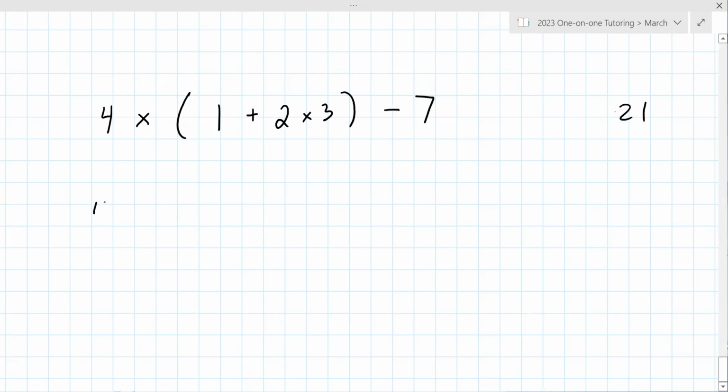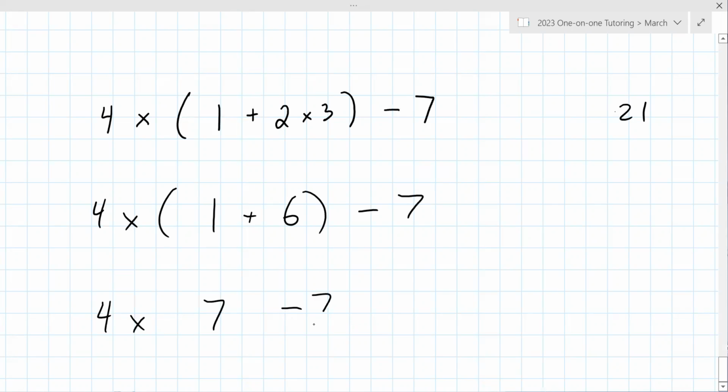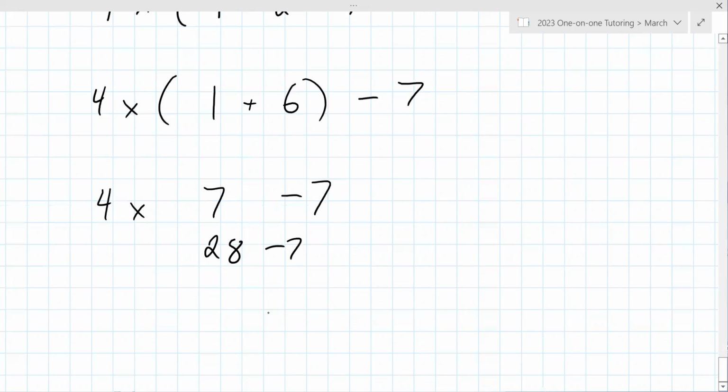Okay, so it's 4 times 1 plus 6. 1 plus 6 is 7. 4 times 7 minus 7. Good, and you have to multiply first. 4 times 7 is 28, minus 7 is 21. Very good. All right, great job today.